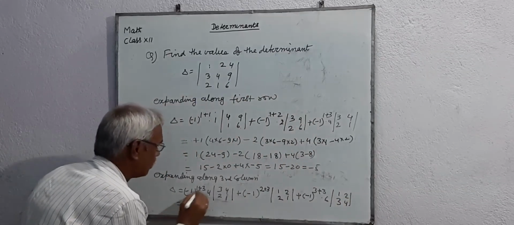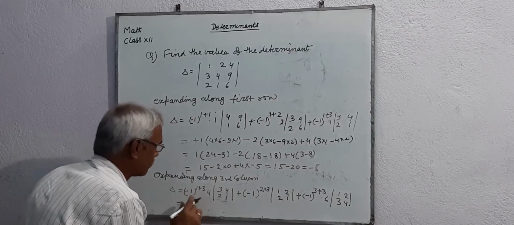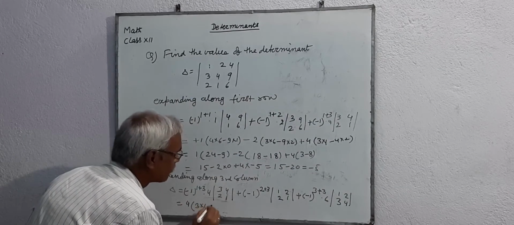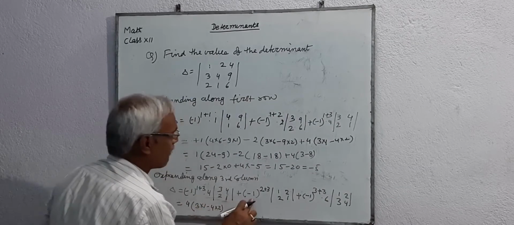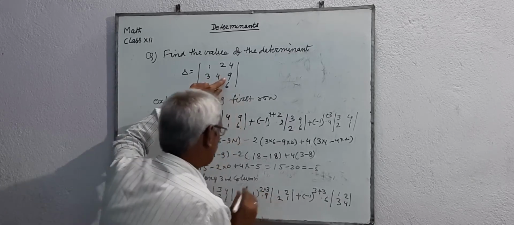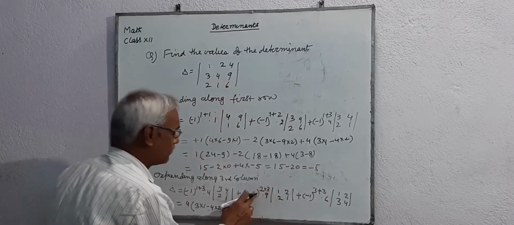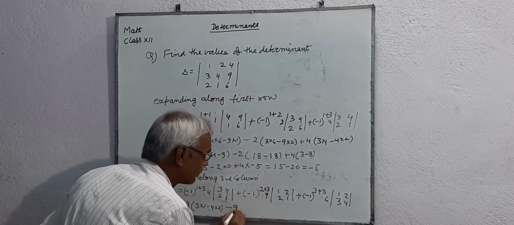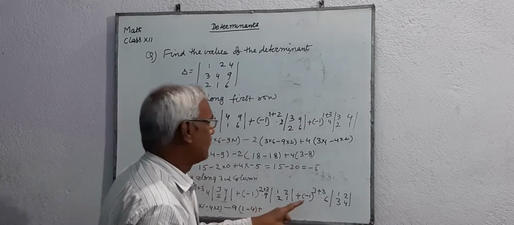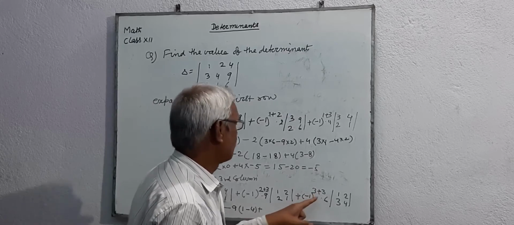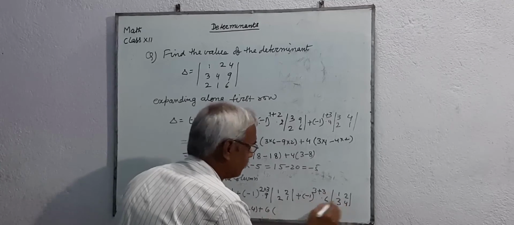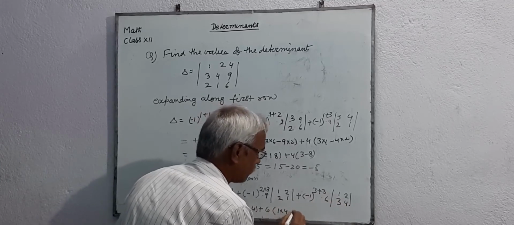Equal to minus 1 to the power 4 plus 4 into (3 into 1 minus 4 into 2), minus 1 to the power 5 minus 9 (1 minus 4), plus minus 1 to the power 6 into 6 (1 into 4 minus 2 into 3).